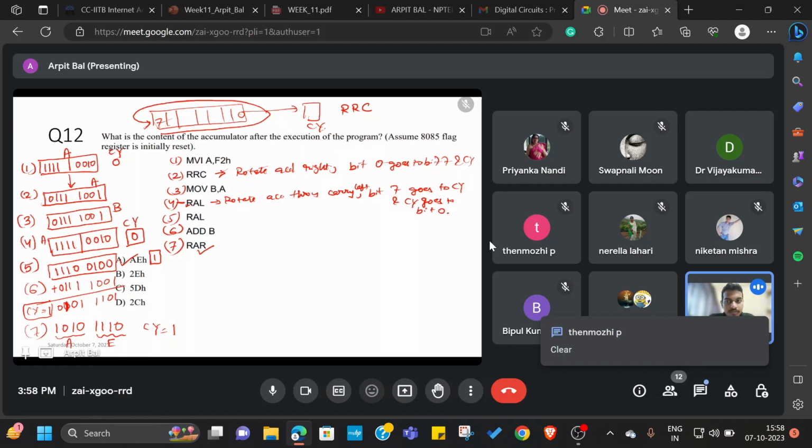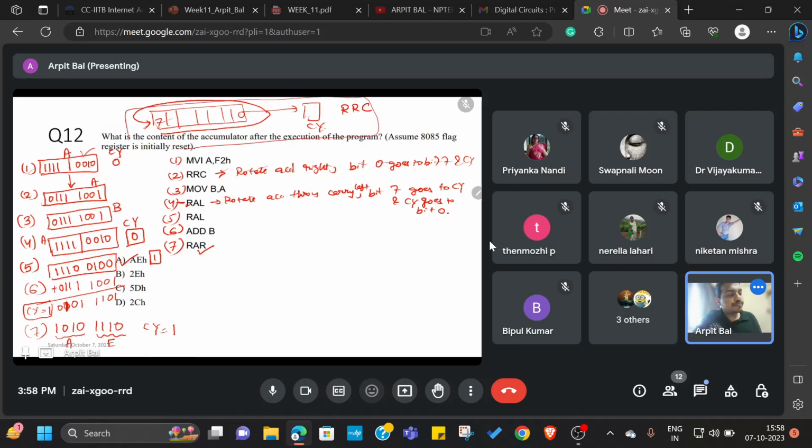Okay, let me once again summarize this particular question. Initially, we moved the value F2 into the accumulator. In the second step, we did RRC. So the 0th bit goes to the carry.